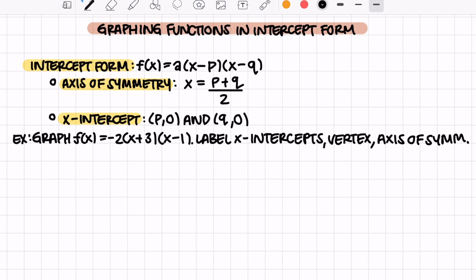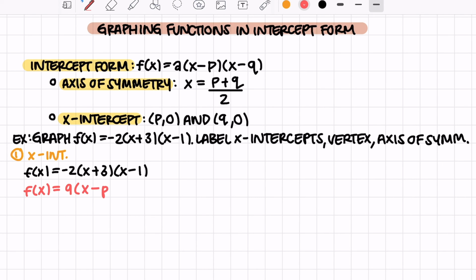First thing that I want to work on is to identify our x-intercepts. That's because it's already provided to us in the function. If we have here f of x equaling -2 times x plus 3 times x minus 1, underneath is where I want to write down my intercept form, which is f of x equals a times x minus p times x minus q.